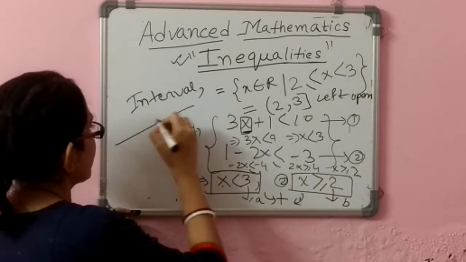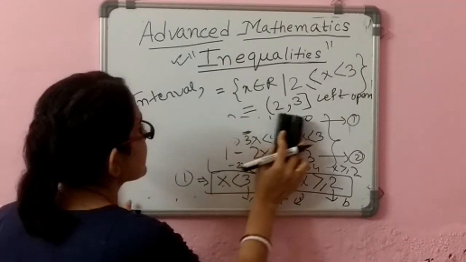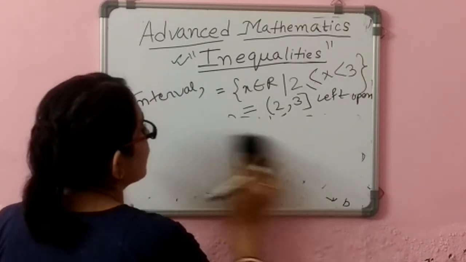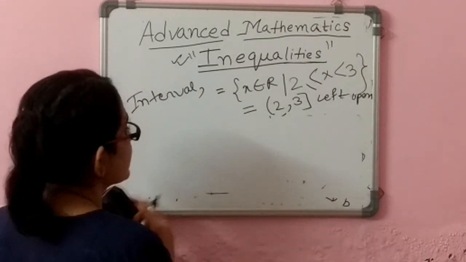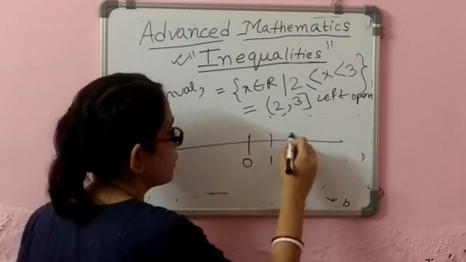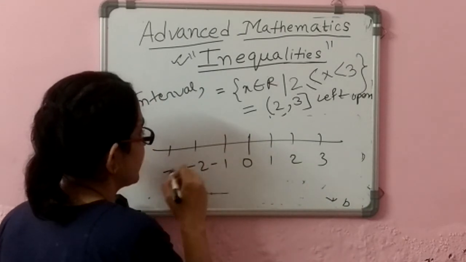And what will be the drawing? Let me represent it on the number line so that it becomes easy for you. How I have combined, you can do it like this also in a detailed way. 1, 2, 3, minus 1, minus 2, minus 3.